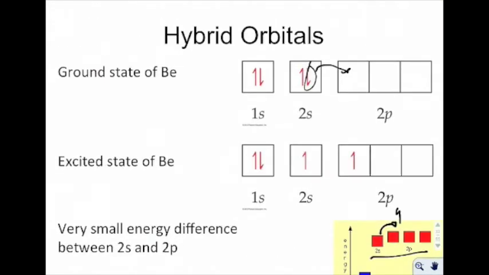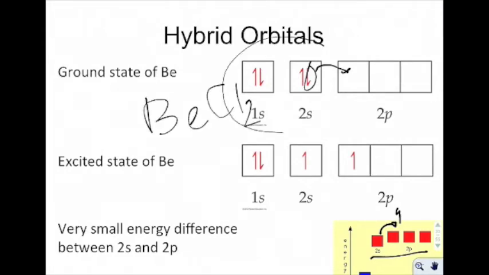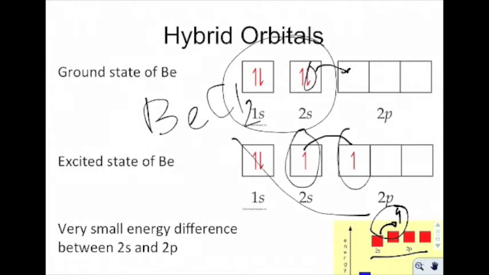So this actually allows us to say, remember when we said Be would bond to Cl2, and it looks like it's satisfied right here? Well, the energy difference between these is so small that energy is actually saved by promoting the electron to the next level and forming two bonds with something else. Okay, that's actually more stable. Another example of this is carbon.